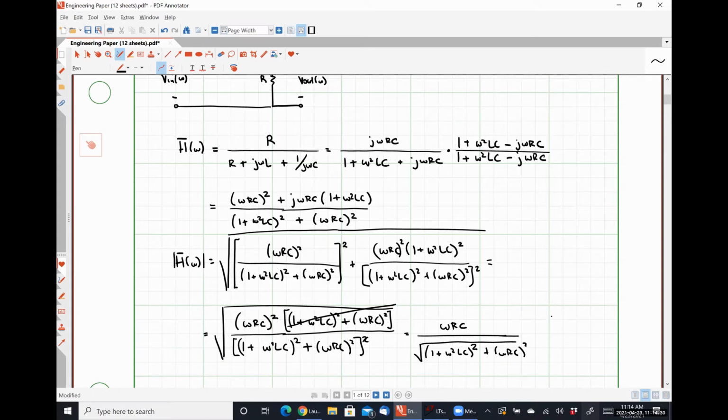All right, so what does this guy look like when omega is 0 radians per second? So for very low frequencies, 0. What does this guy look like for very high frequencies?